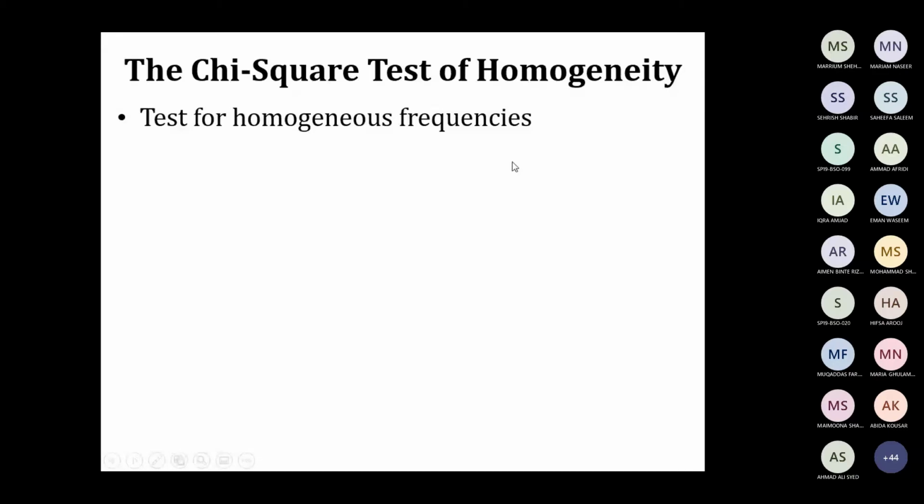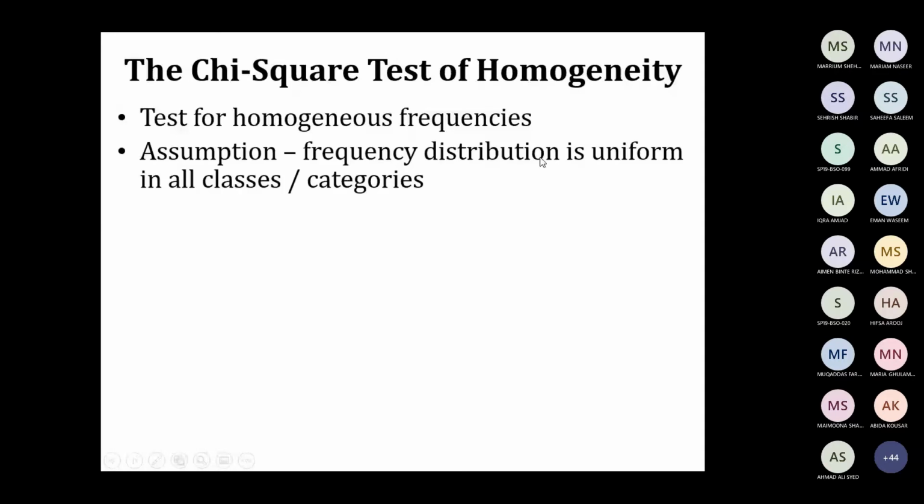We apply this test when we suppose that the frequency distribution is uniform in all classes or categories. It means that all of the classes and categories that we have have similar frequency. There is no significant difference in their frequency distribution.